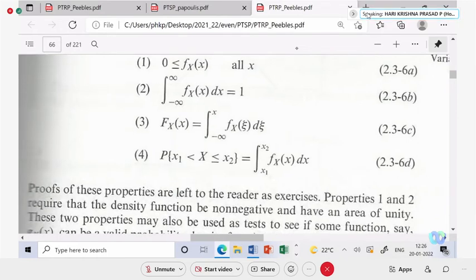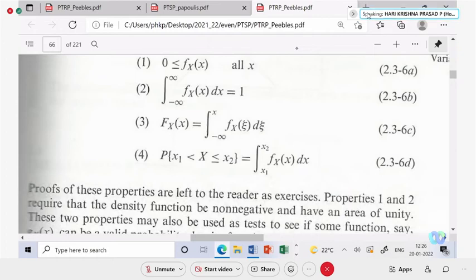The fourth property is the value of the area under the density function. I am referring to the right hand side part. The area under the density function between the limits x1 to x2 is nothing but the probability of the random variable taking a value greater than x1 and less than or equal to x2. Is it appreciated?